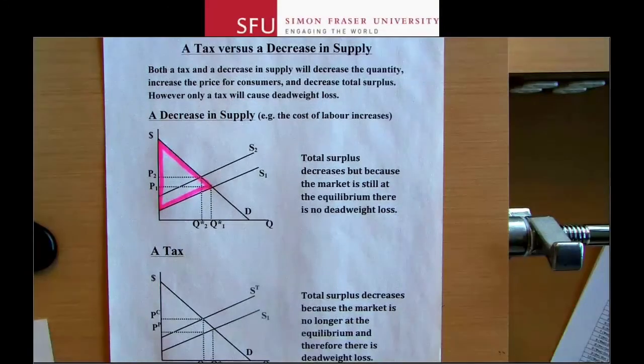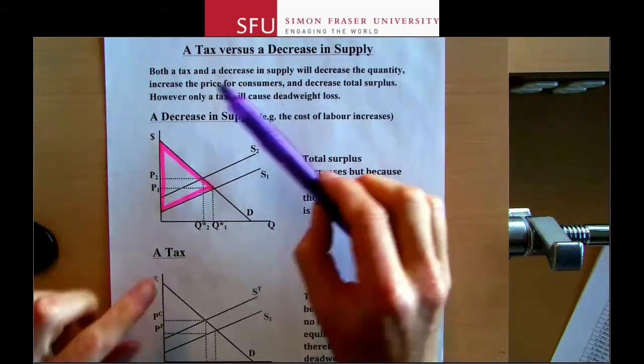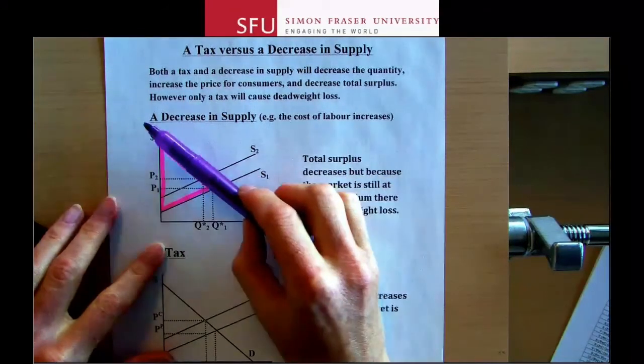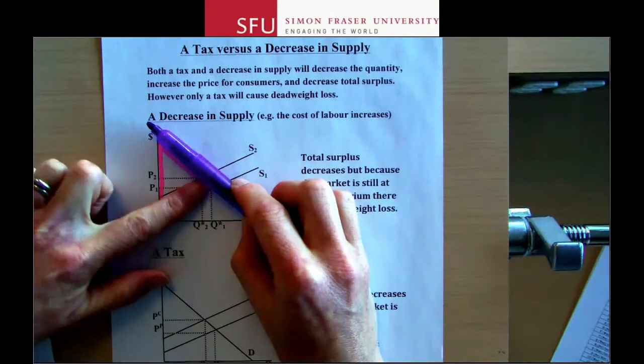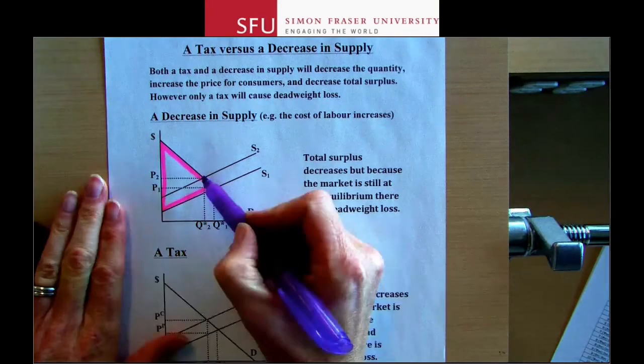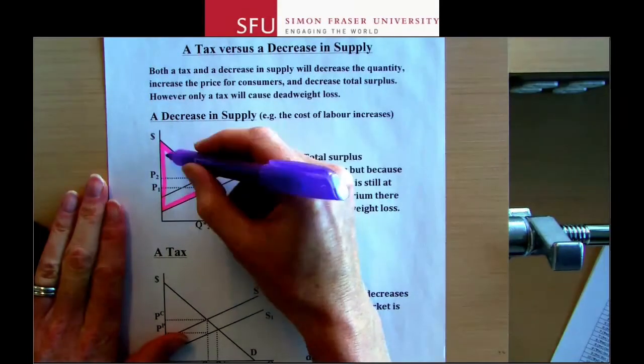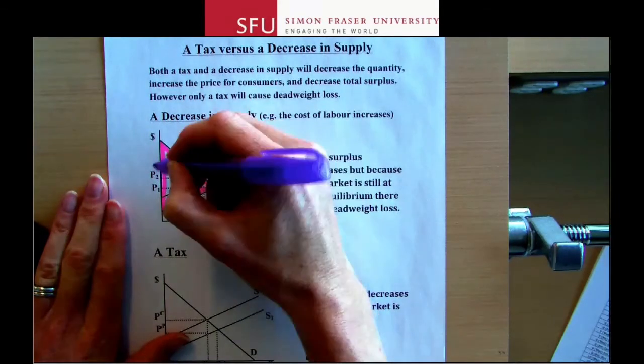And now, because the costs have gone up, the surplus will decrease. Remember, the surplus is the difference between the benefit to the consumer and the cost of production. So as soon as that cost of production goes up, the surplus will get smaller. So we're at this new equilibrium here, and the surplus will be between the demand curve and the new supply curve.